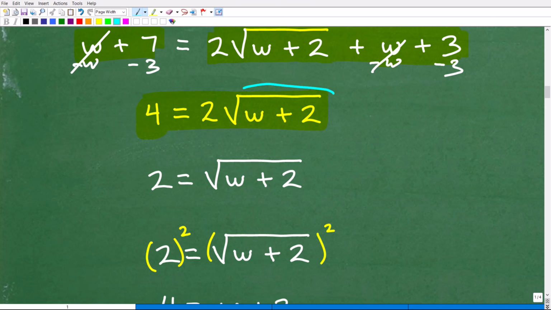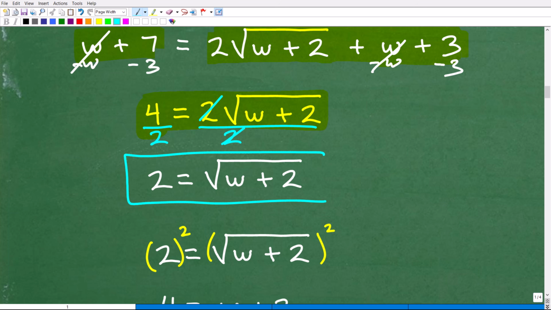We want to get this part isolated, but we have a 2 in front of it, so that's 2 being multiplied by this. So what can we do to kind of clean this up? Well, we can divide both sides of the equation by 2. So these 2's right here cancel, and we're just left with the square root of w plus 2, and then 4 divided by 2 is obviously 2. All right, so now finally, we are ready to square both sides, and this is going to be the key to solving this equation.